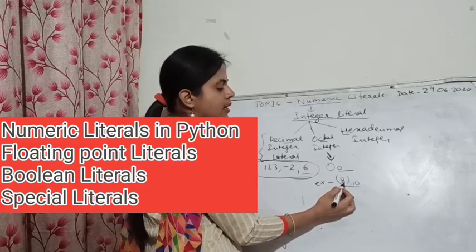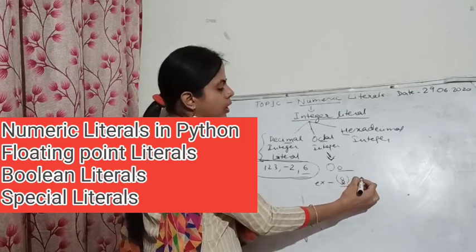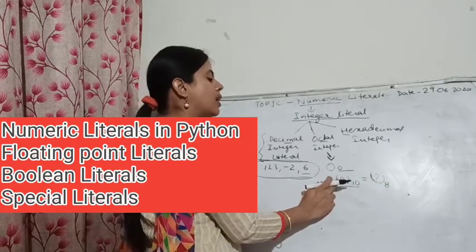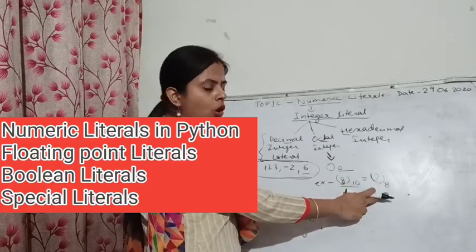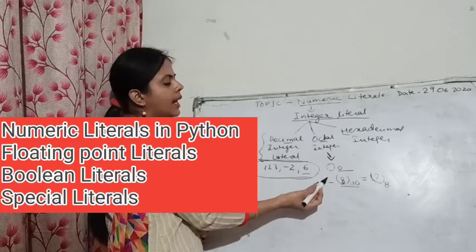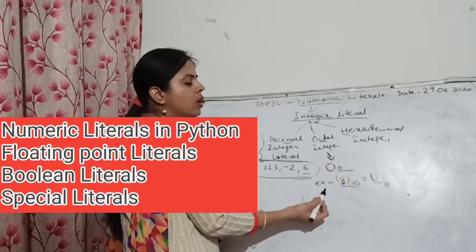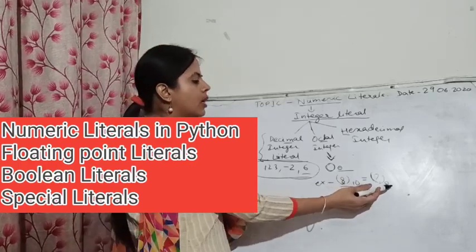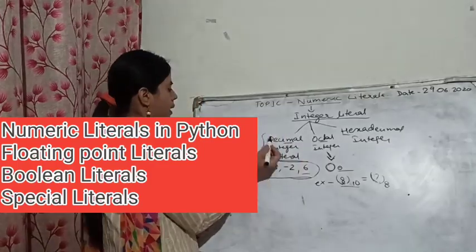This 8 is a number with base 10, so it is a decimal number. Now if I want to convert it to an octal number, this decimal number needs to be converted to octal. Once it is converted and preceded by 0 and O, it will be called an octal integer literal. How we can convert, I'll tell you now because I have not explained that before.